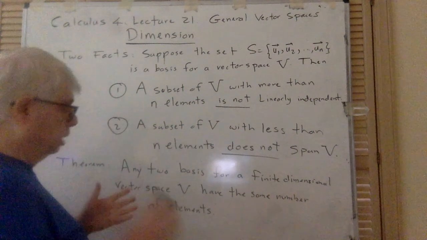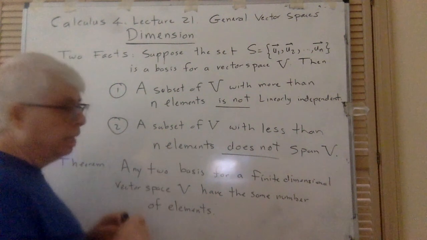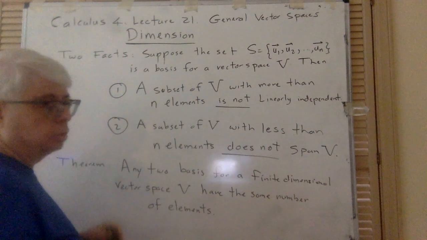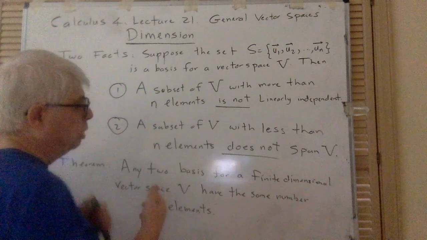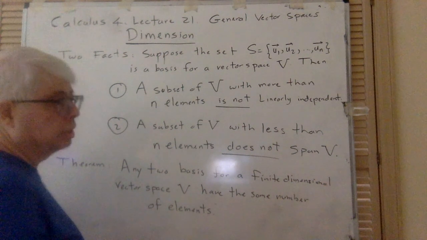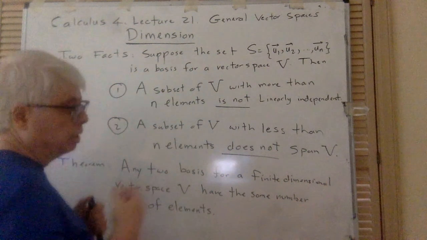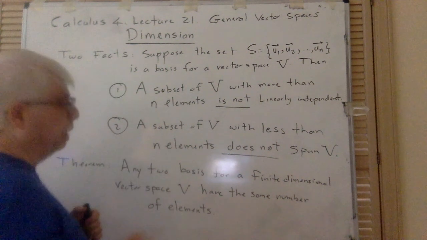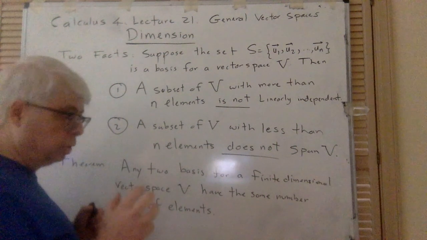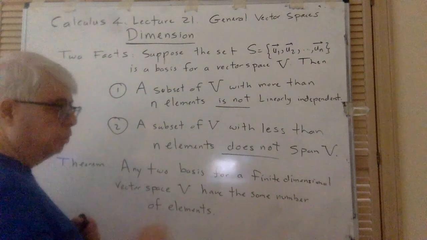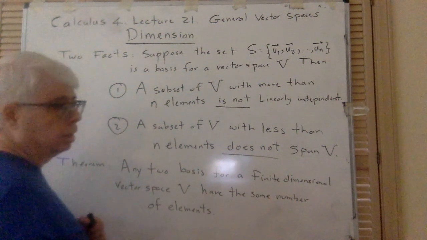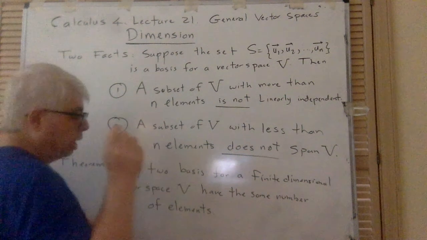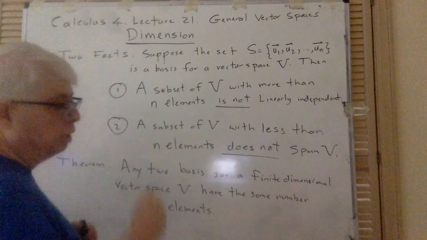Okay? So, it seems that that number n is somehow attached to this vector space. No one can find a basis with more or fewer elements. So, that number n comes with V. When you are given a vector space, and you can find one basis set with n elements, then that n is attached to it. It's like a flag given to this.